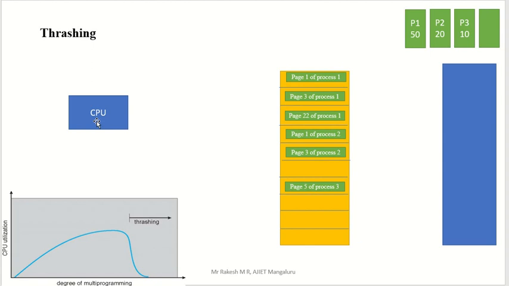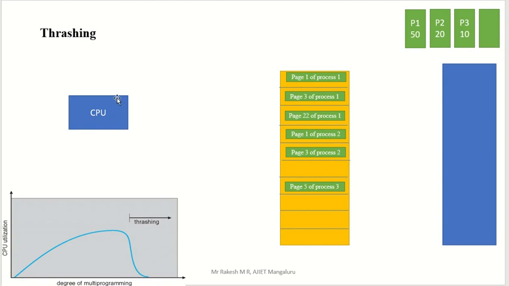Now there will be a lot of page faults. Whenever the CPU asks, page 1 is there, but what about page 2? Page 2 is not there, so the OS will take page 2 from secondary memory to main memory. So page fault is there, because it is not there here. Now page 3 is asked, yes, page 3 is here, so page hit is there.